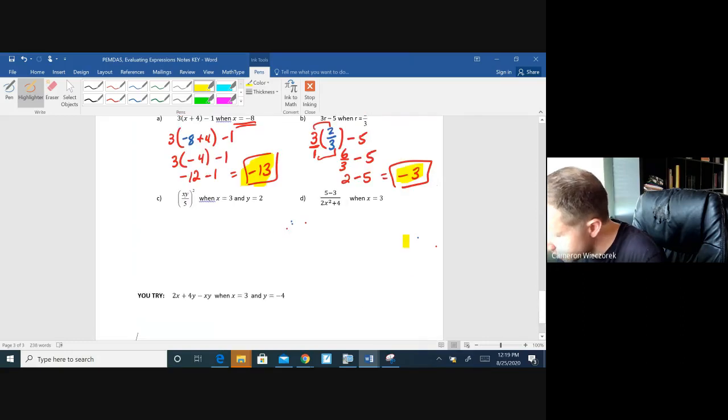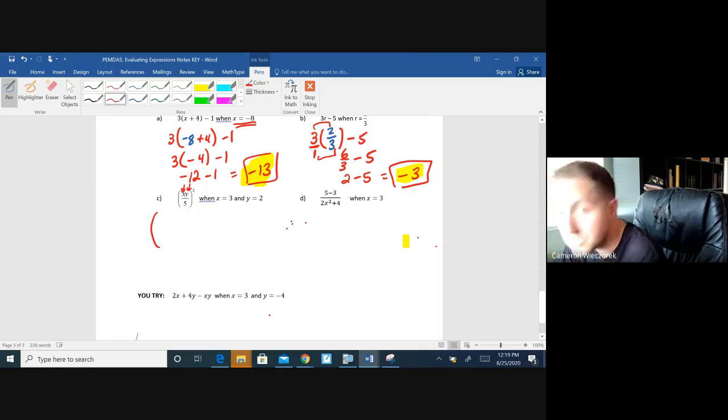Okay. Part C, this time we have 2 variables. We have x and y, so we have to be careful where we substitute. I have xy over 5 all raised to the power of 2. So in this big giant set of parentheses, I'm actually going to have to substitute in 3 for x, and I'm going to have to substitute in 2 for y. So I'm going to substitute in 3.